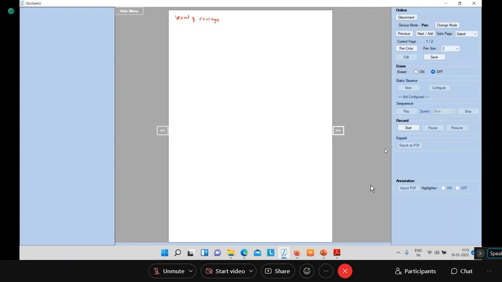Note it carefully. 20 cm cube of sewage water sample was diluted to 600 cm cube and equal volumes were filled in 2 BOD bottles, full point.